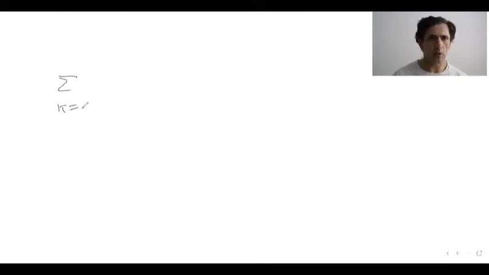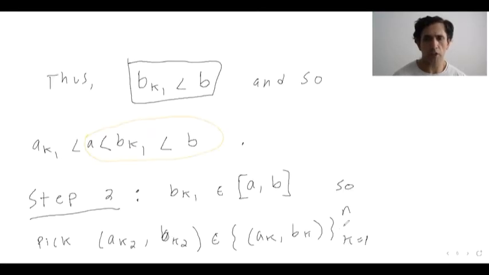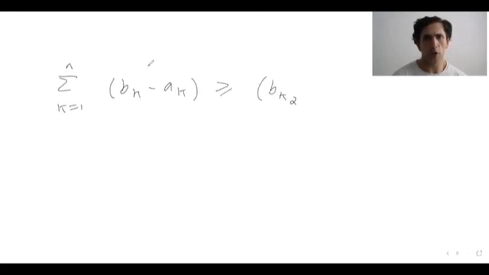Well, the sum from K equals 1 to N of BK minus AK is certainly bigger or equal to the sum over these two distinct intervals among this collection. Now we'd be in trouble if the same interval was repeated, but it's not, so we're safe saying this.